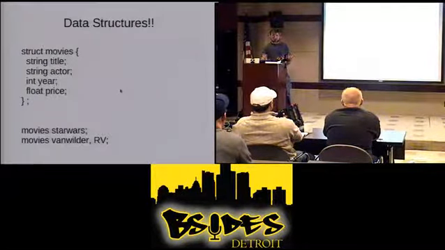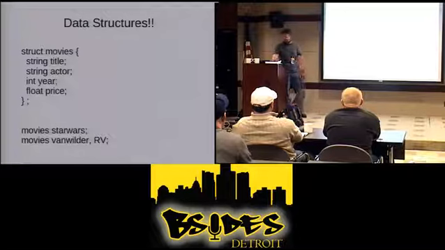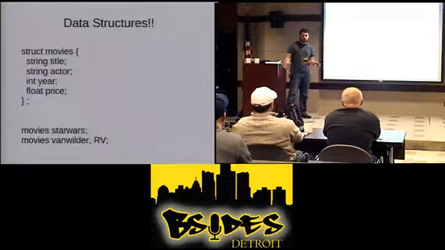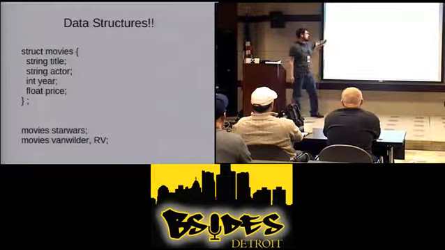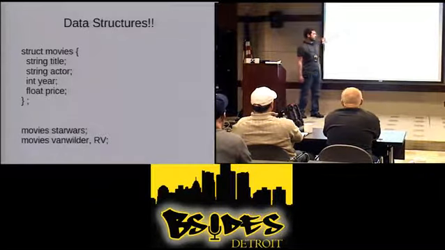And can anyone here describe what a data structure is in very simple terms? I kind of struggled a little bit when I first learned about it, but it's used by programmers to create a little bit more advanced variable type. So if I want to create a variable called movies, it's going to have all these members that belong with it. So we're going to have a variable called title.